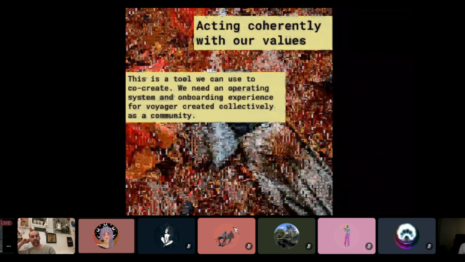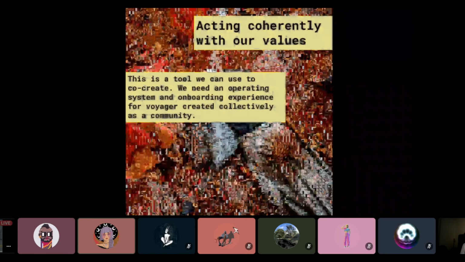And so we need an operating system, an onboarding experience for Voyager, created collectively as a community. The idea that we'll announce for the community, inviting people in, is that we're keen to create a project flow together and start creating the OS of Voyager in module stages.